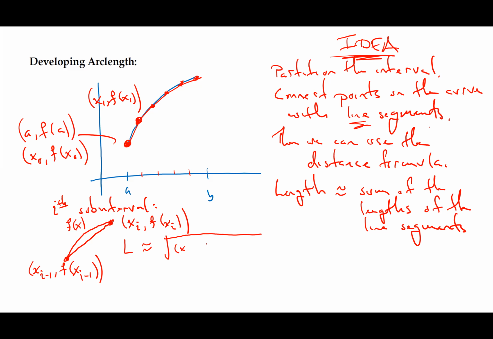So we have x i minus x i minus 1 squared, and then the square of the differences in the y values, f of x i minus f of x i minus 1 squared, okay?